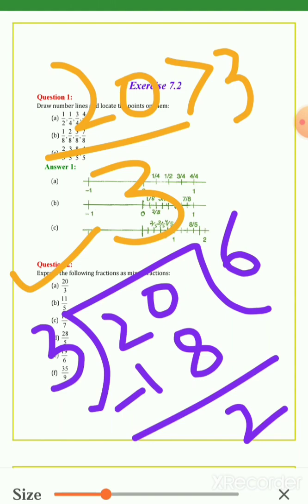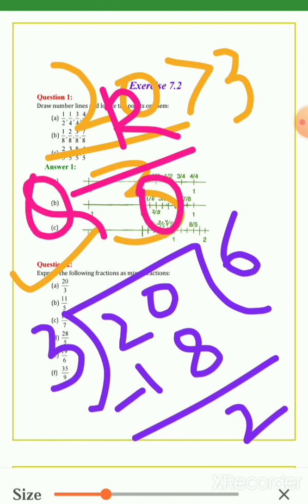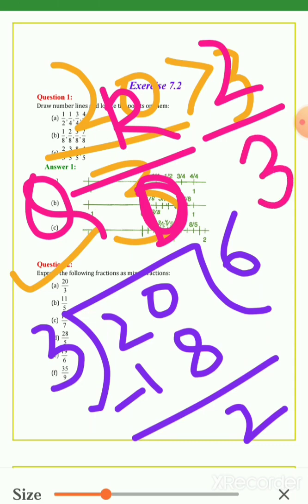So how will you represent the number? I have already told you, here will come the remainder, and here will come the quotient, and the divisor here. So the remainder is 2, the divisor is 3 and the quotient is 6.